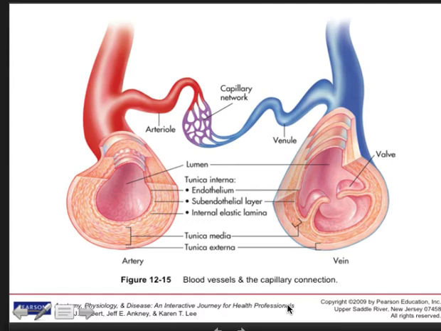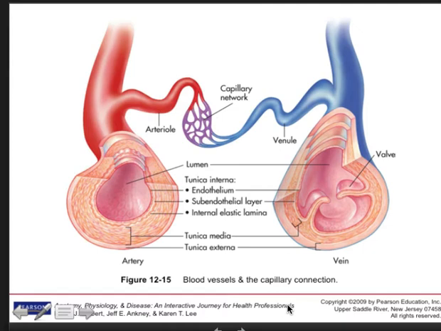Notice the difference between an artery and a vein. There's a structural difference. The artery has a more extensive tunica media and lacks valves, whereas the veins have a much less extensive tunica media and they contain valves. And these valves serve as a way of ensuring unidirectional flow of blood from the venous system back to the heart.